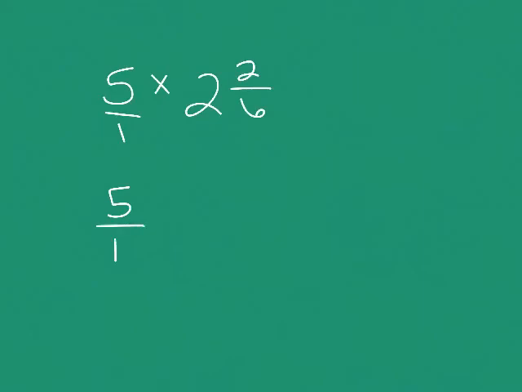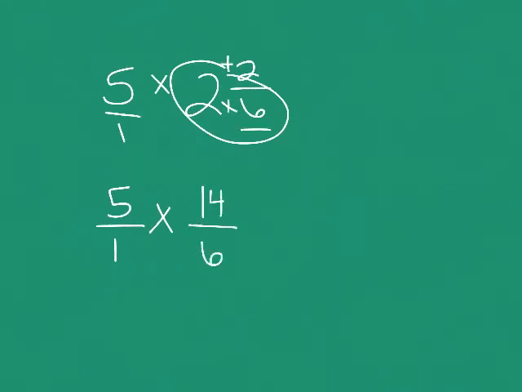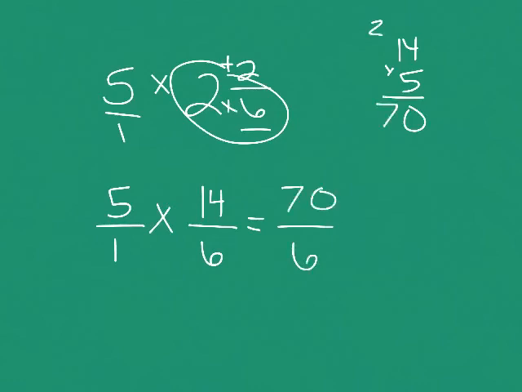If we had a whole number times a mixed number, we would stick a 1 underneath the whole number, and then we would make this an improper fraction. So 2 times 6 is 12, plus 2 is 14. Keep the denominator the same. Multiply across. 14 times 5 is 70. 1 times 6 is 6.